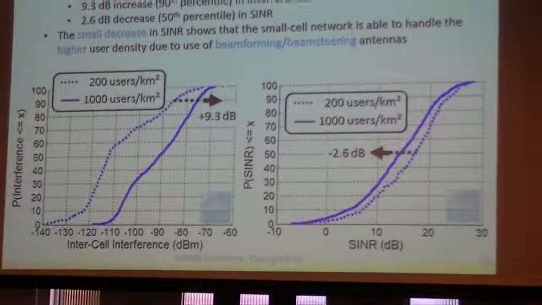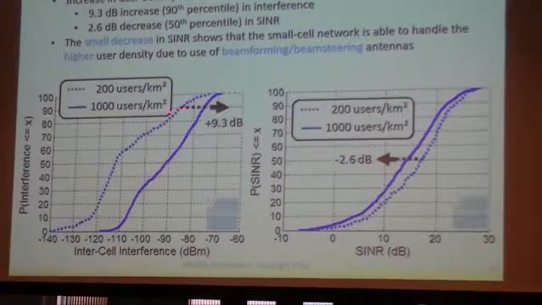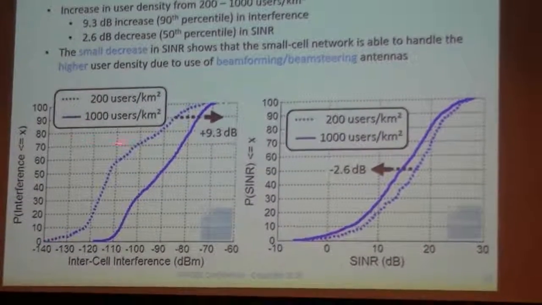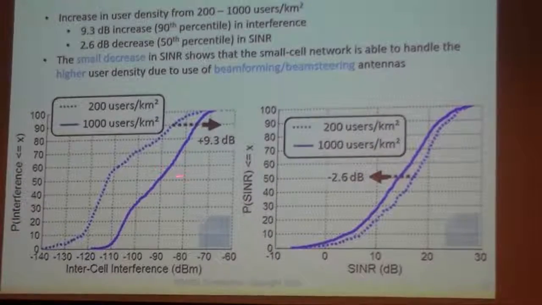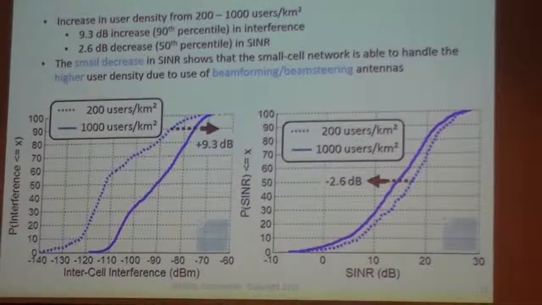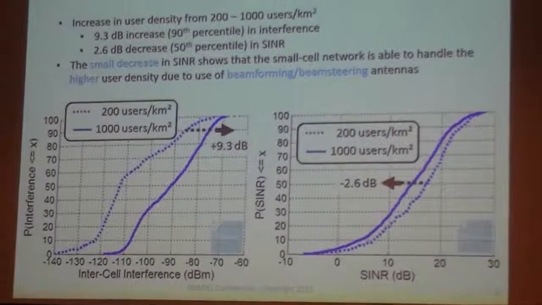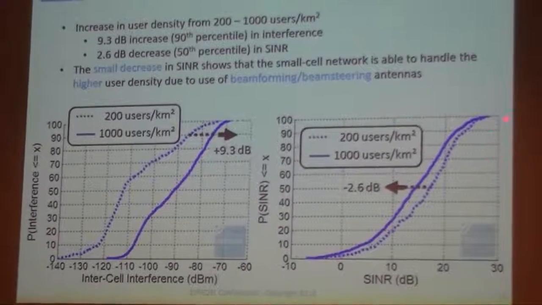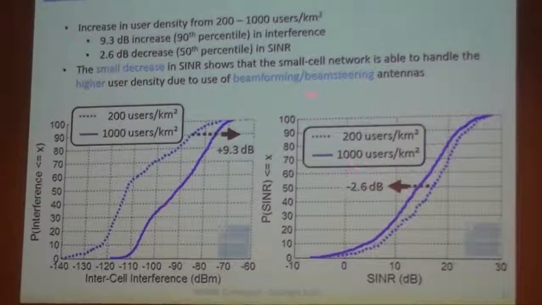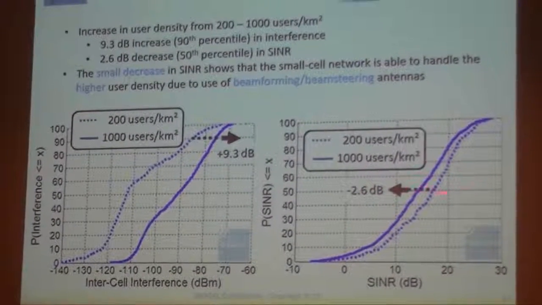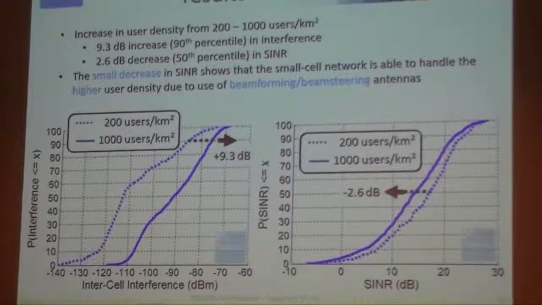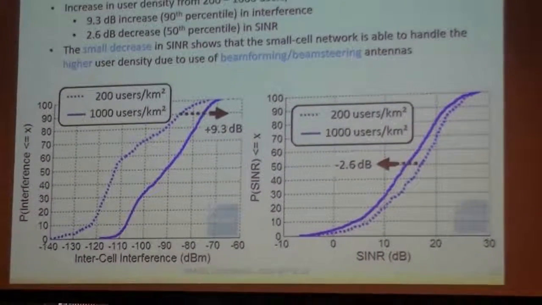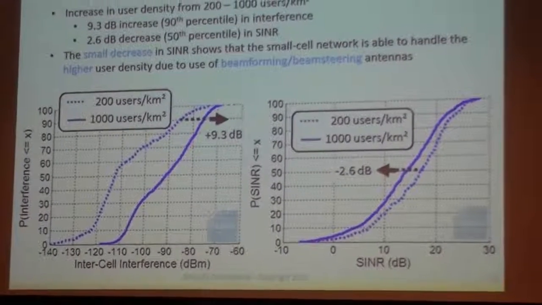If we consider the 99th percentile and compare the 200 users per square kilometer with the 1,000 users per square kilometer, we observe 9.3 dB, so quite a significant difference. In terms of SINR, at the 50th percentile, there is a rather small difference between the differences in load of the cells.